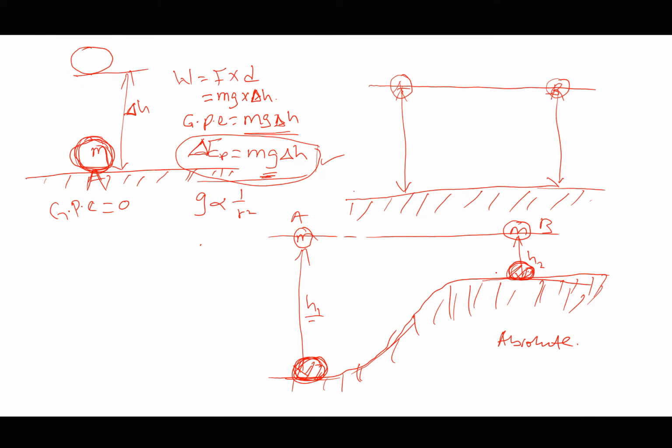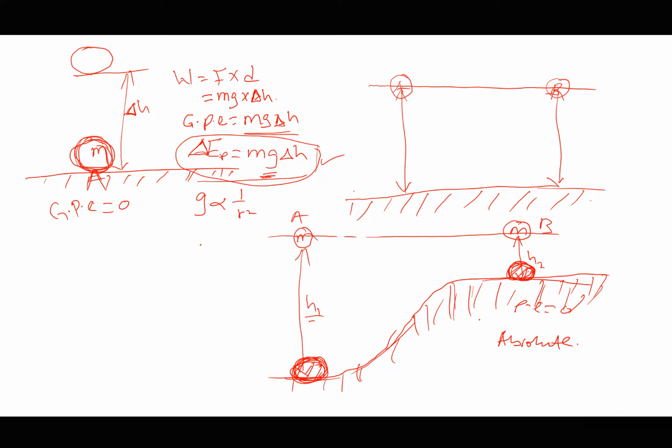By the way, if we refer to the Earth as the reference point, this object here and this object here will both have potential energy 0, because both objects are resting on the Earth's surface. So we are saying that two similar objects placed at the top and the bottom of a hill may have different values of potential energy.